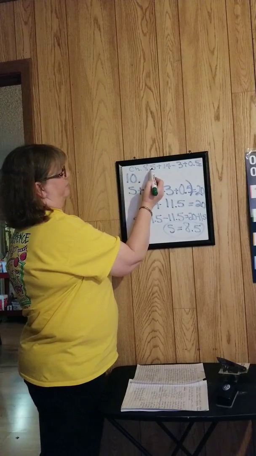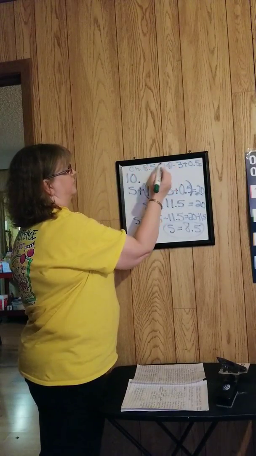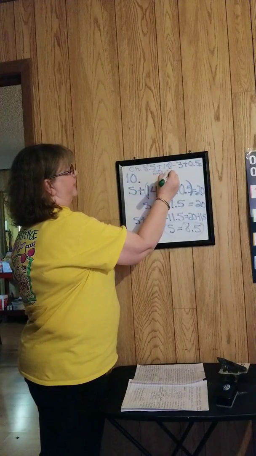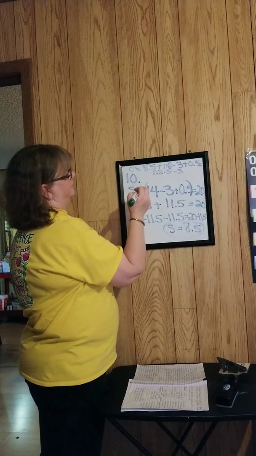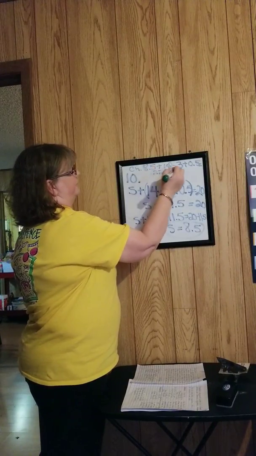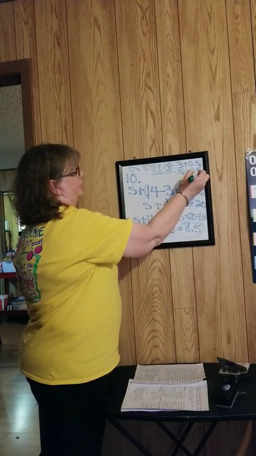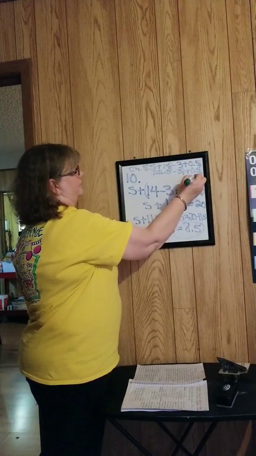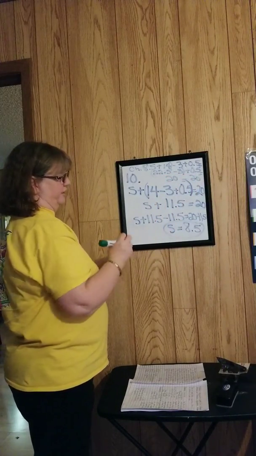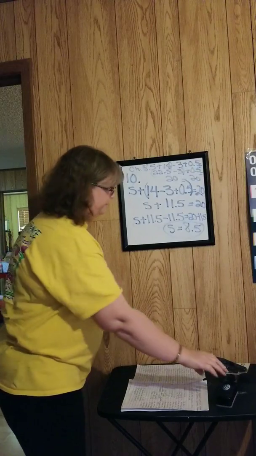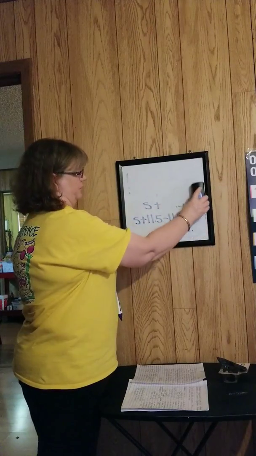So when we do 8.5 plus 14, we're going to get 22.5 minus 3 is going to be 19.5 plus 0.5 is going to equal 20. So this works. Remember, this is your answer though. Okay? That was one of the harder problems.